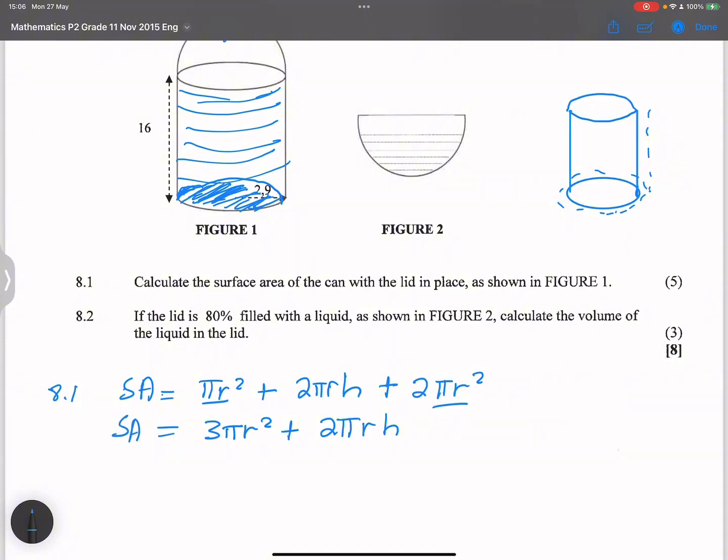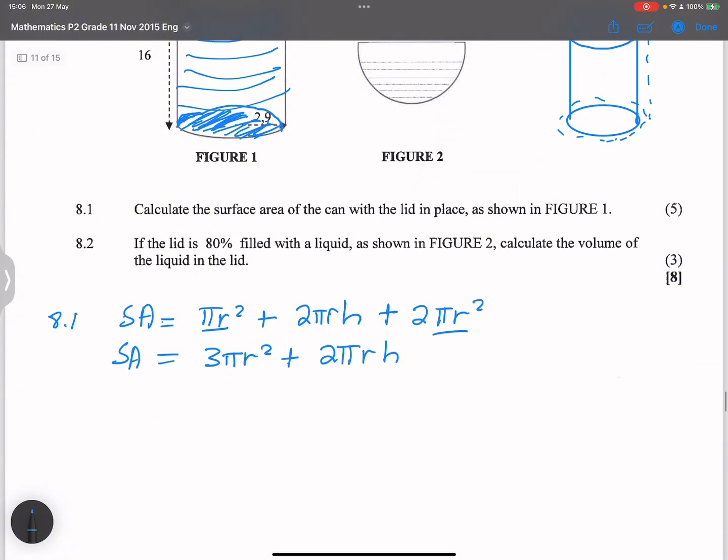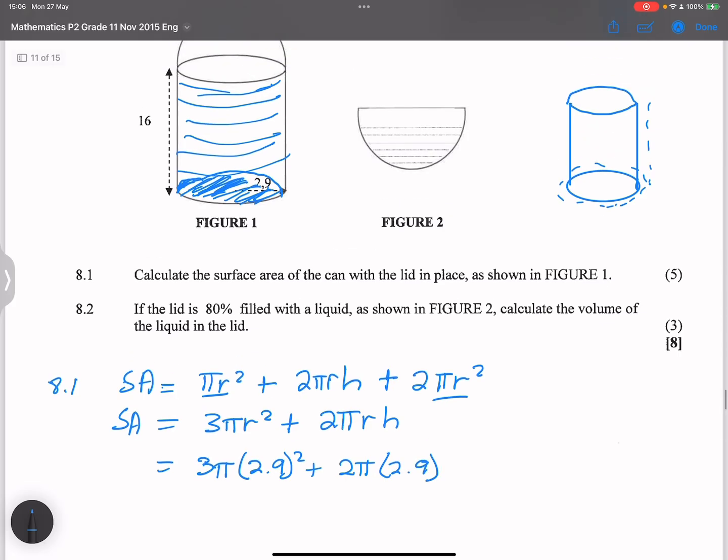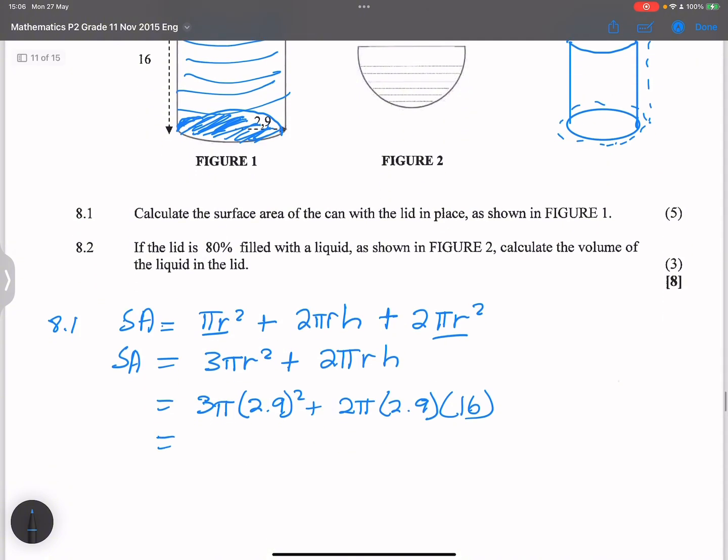Right, so we can now substitute for what we know. So this is 3 pi, and remember, the radius they said is 2.9 squared, plus 2 pi times 2.9, and they said the height is 16. So let's find out what that surface area is.